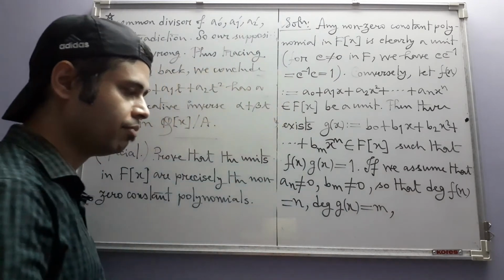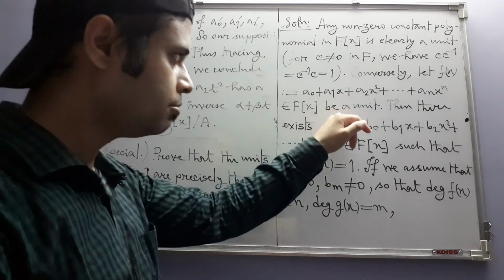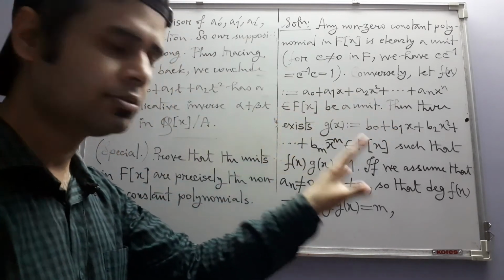I mean, they will have some degree, right? This is a unit, so by definition it cannot be equal to 0.